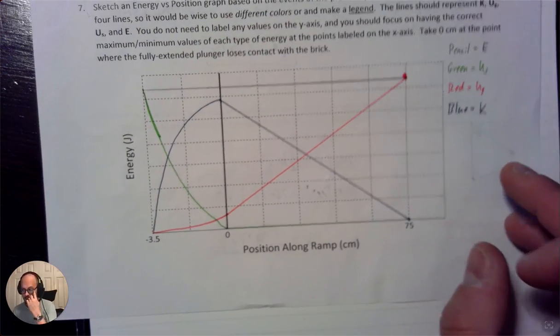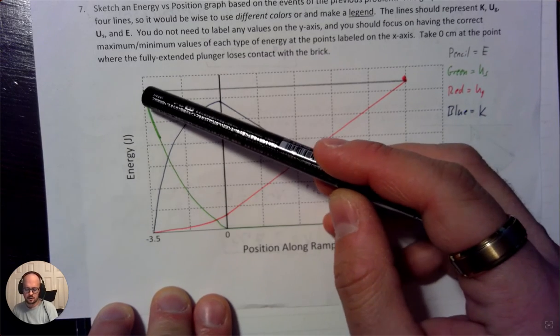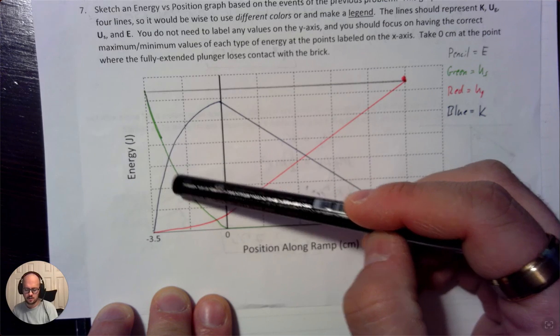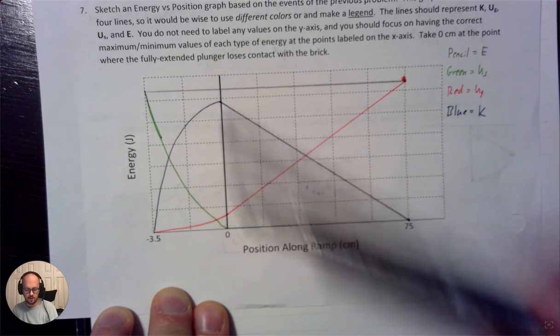The only thing that's left is kinetic energy, and so because the elastic potential energy has a parabolic shape to it, the kinetic energy will also have a parabolic shape to it.